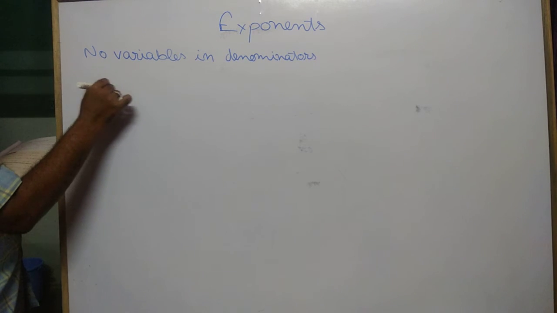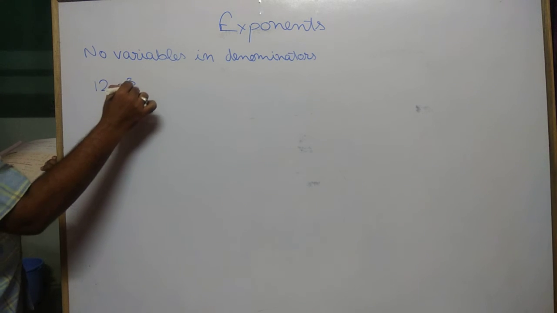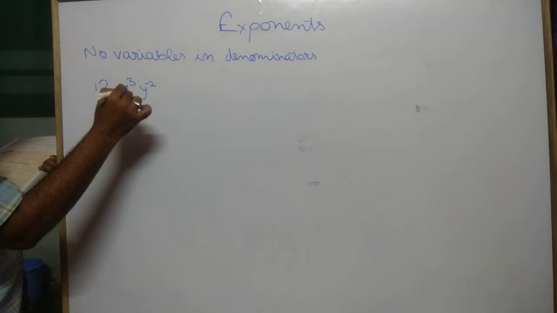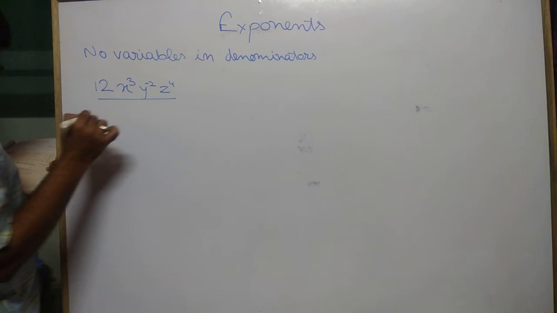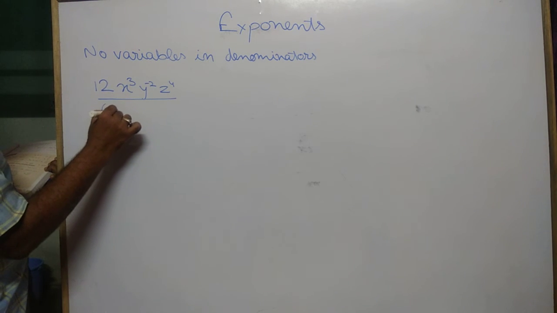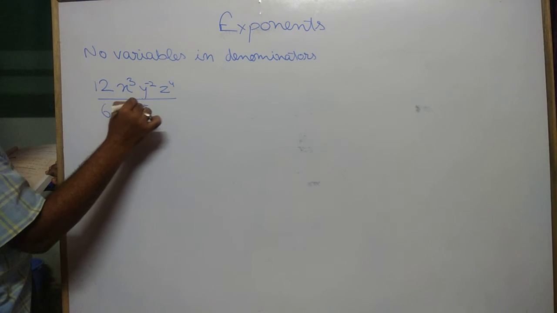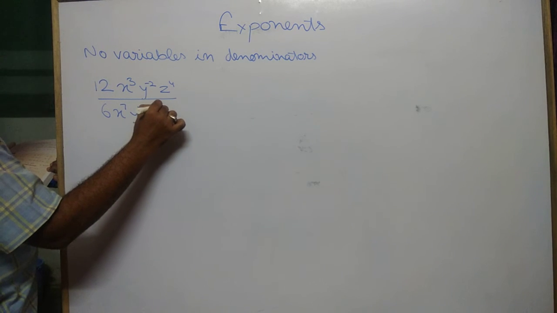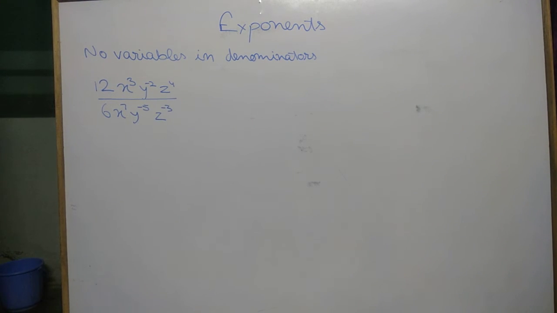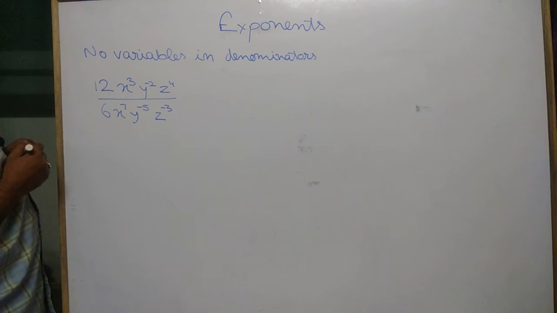I am writing the question first: 12 x to the power 3 y to the power minus 2 z to the power 4, whole divided by 6 x to the power 7 y to the power minus 5 z to the power minus 3. We have to solve this expression such that no variables are in denominators. How do we convert? It's very easy.